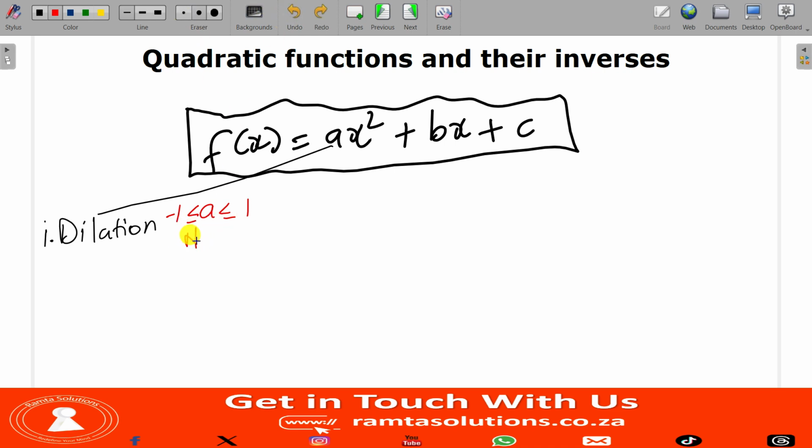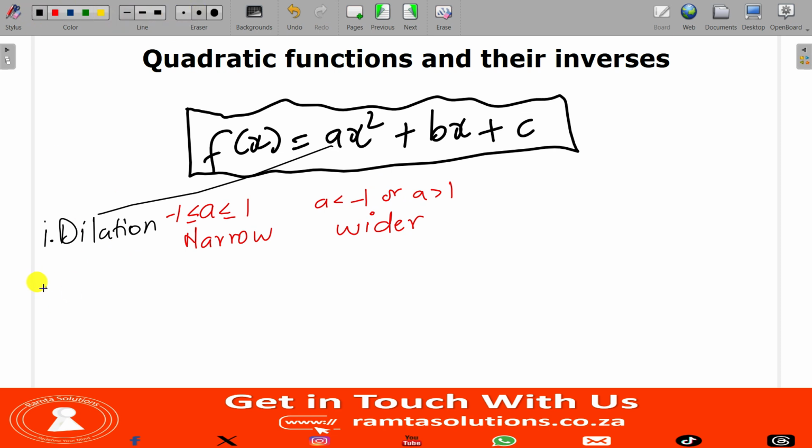And when a is less than -1, or when a is greater than +1, it'll be wider. Now let's look at another point.